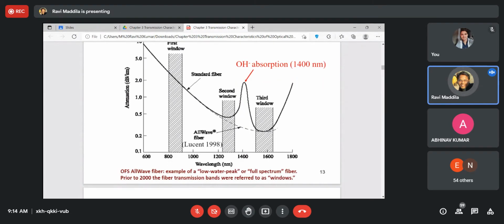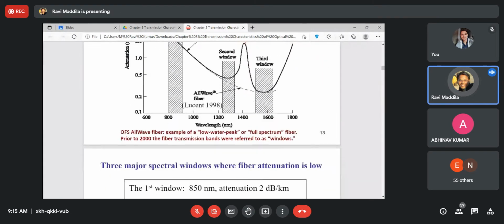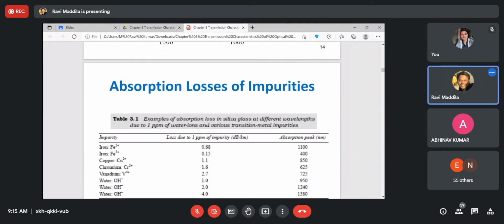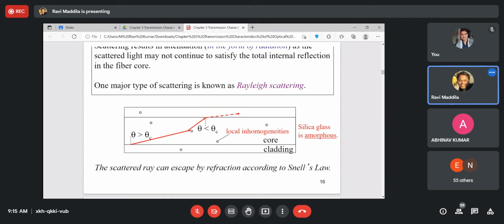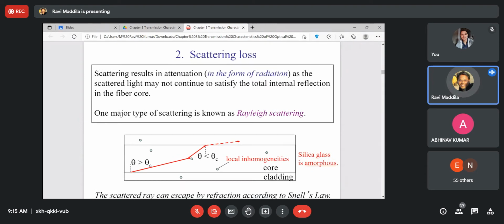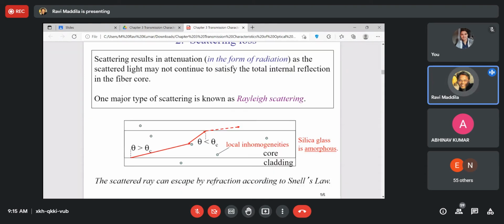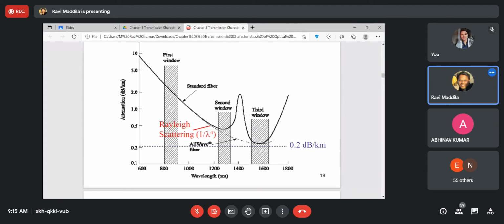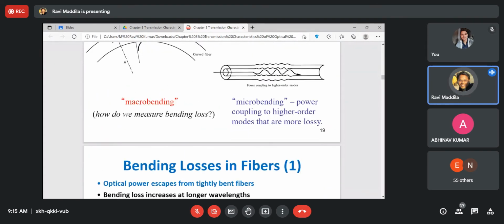So because of that, I wanted to discuss this. I've already discussed the attenuation windows with you, right? I've also shared these slides on Google Classroom, so you can go through these later on.